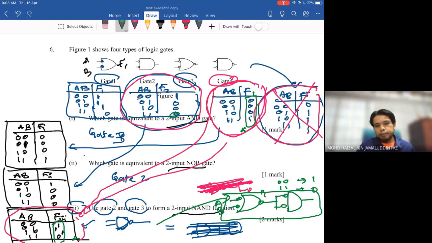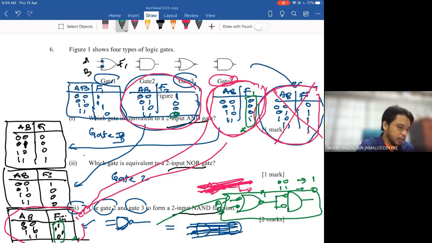So actually, this may be the kind of question that could appear in the test or final exam. So here, the important thing is you understand the truth table. Okay, you draw the truth table first, and then you think how you want to relate the truth table to the question.